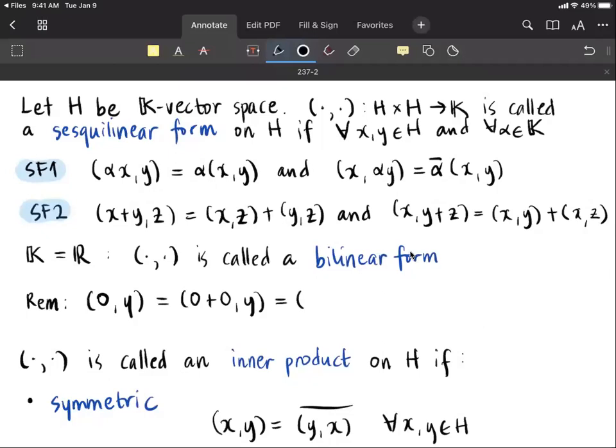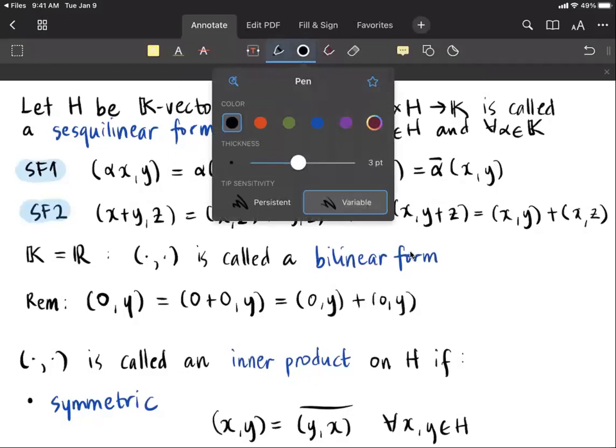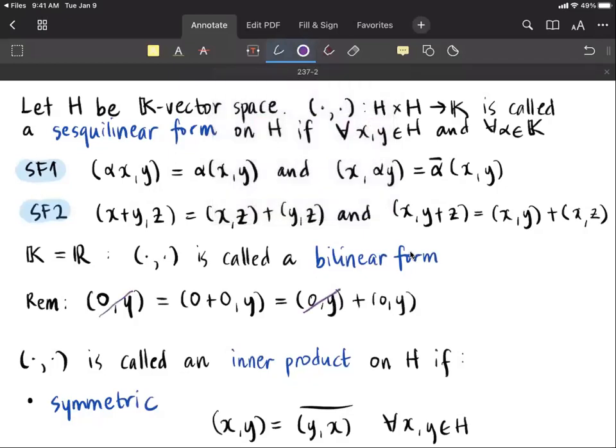And then if you apply linearity with respect to the first argument, you could see that after cancellation, you get that this is 0, of course, for all y in the vector space H. And similarly, you could apply the same reasoning to show that the value at y and 0 would be 0.